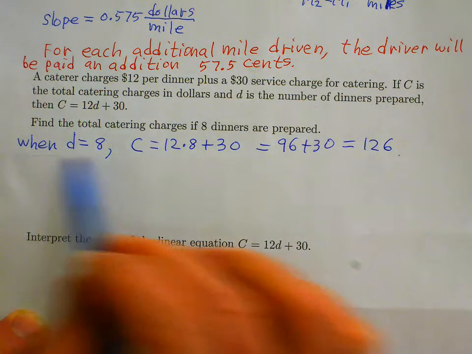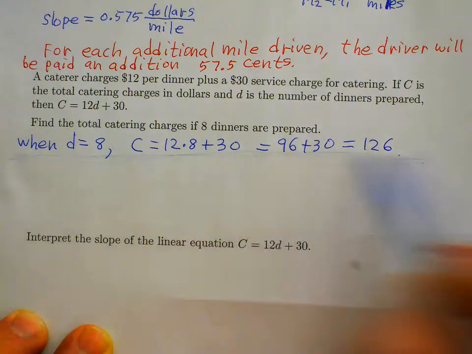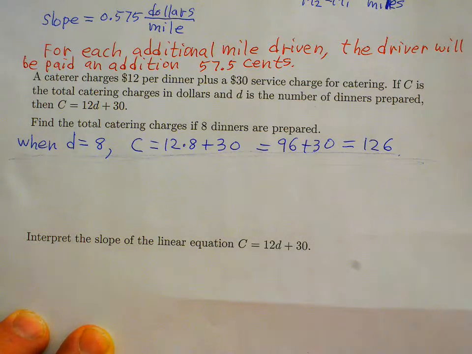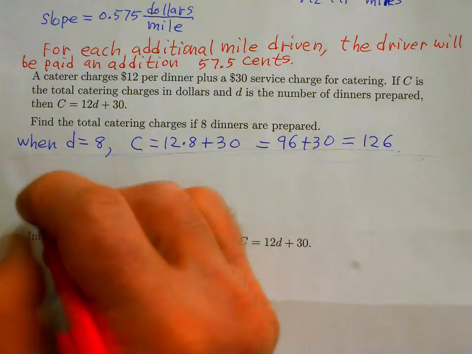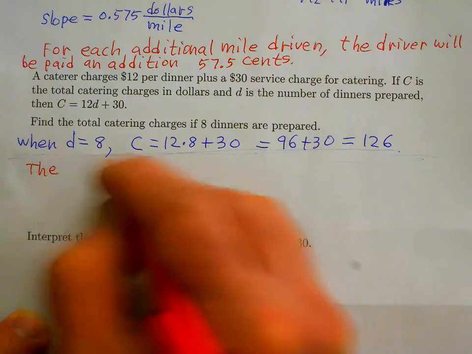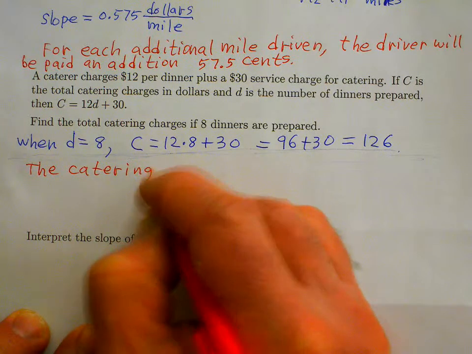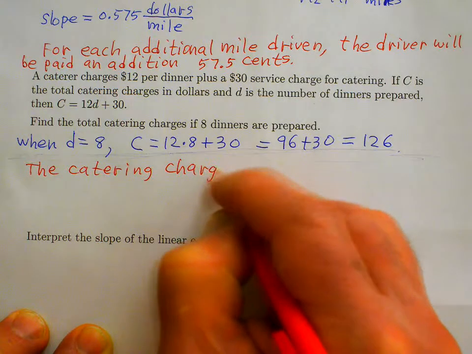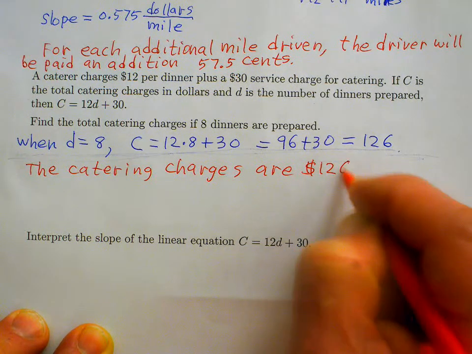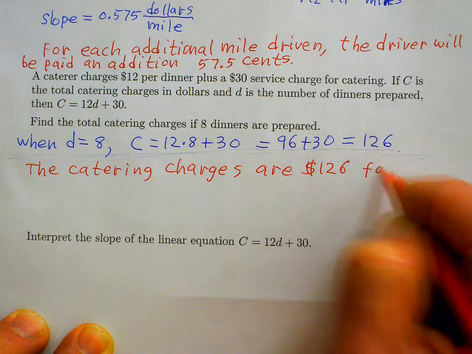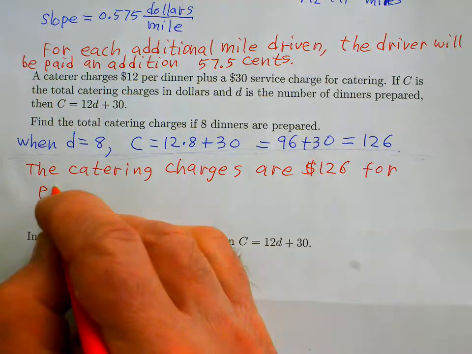So this is just our arithmetic without units, and then if we want to summarize the results, we would say the catering charges are $126 for preparing 8 dinners.